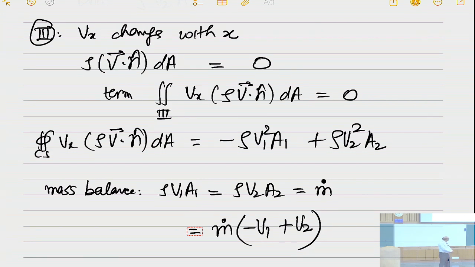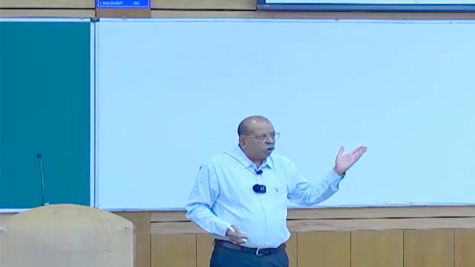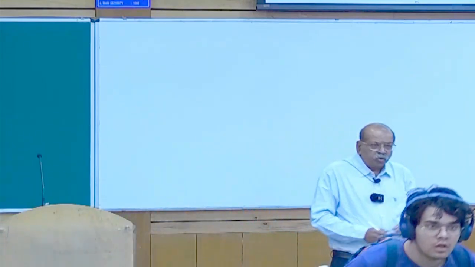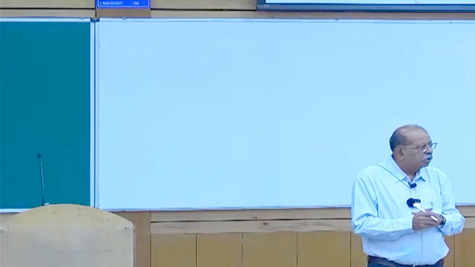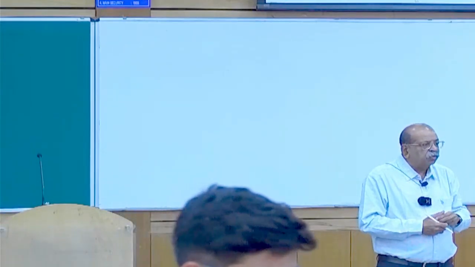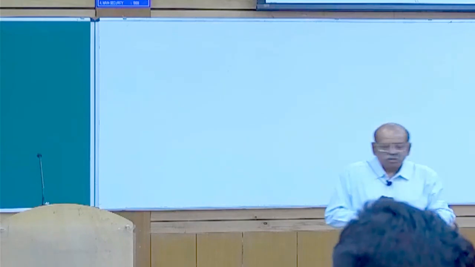If I write mass balance gives me this, let's call this m dot. So then this becomes m dot times minus V1 plus V2. So in all these problems, you have to use the continuity equation. And in fact, it's more basic to first use the continuity equation. So what this also tells you is that you have to first use the continuity equation.